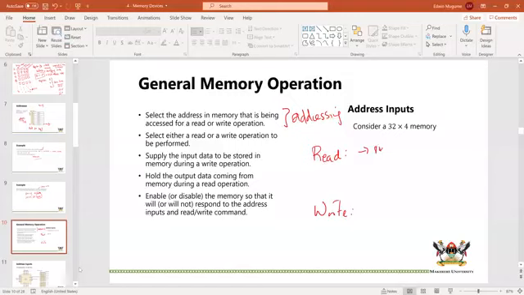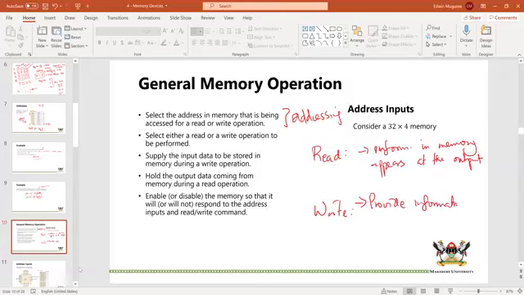When we read, information in memory appears at the output of the memory, and that information, the CPU can then pick it off of the output of the memory. Now, when we write, we must provide information to write.